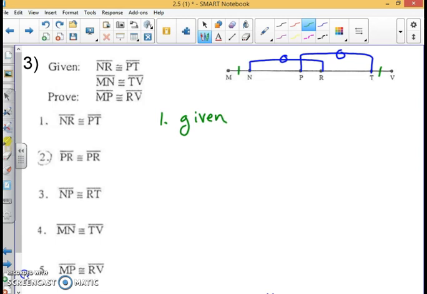Next, we have that PR is congruent to PR. Remember, we call that the reflexive property. Next, we're reaching the conclusion that NP is congruent to RT. That's because we are taking away segment PR from NR and PT. And so this is one of our new theorems, and we should say that.